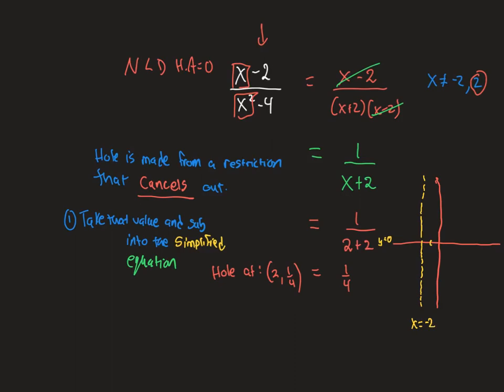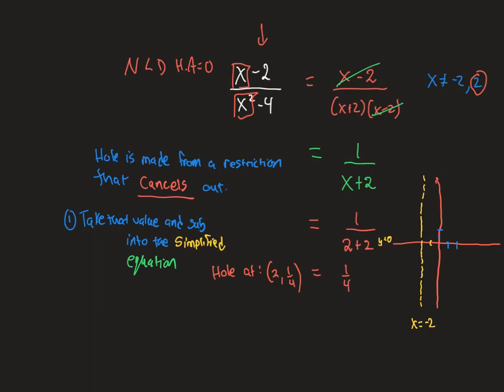And I know I have a hole, not a vertical asymptote, a hole. I'm going to use a different color for that. 1, 2, at 2 and 1 over 4. 1 over 4 is 0.25, so let's say this is 1. 0.25 would be somewhere around here.